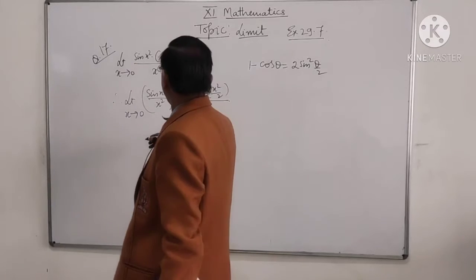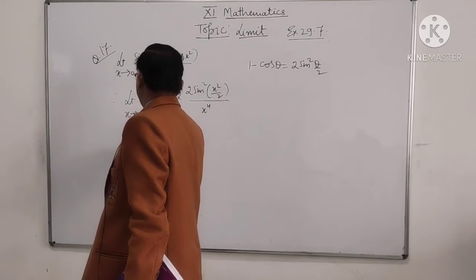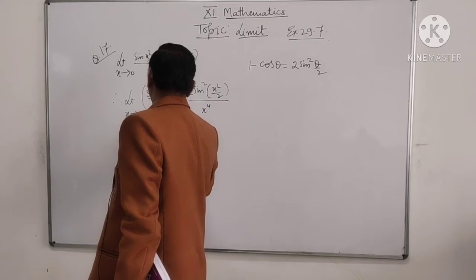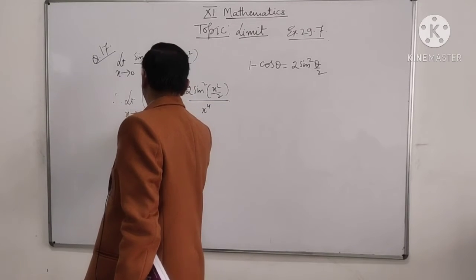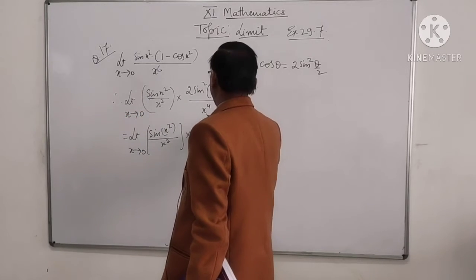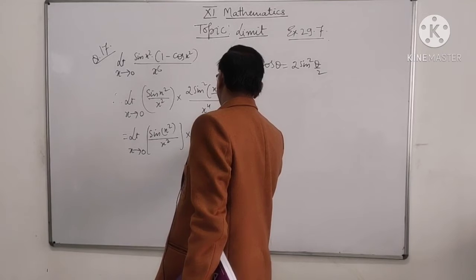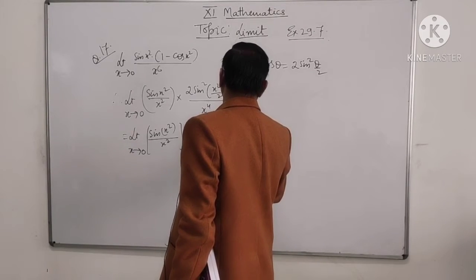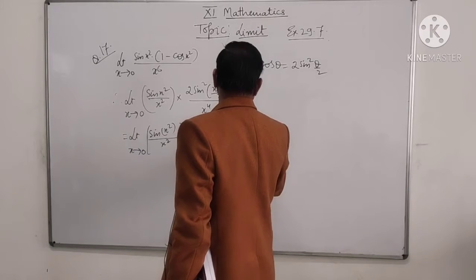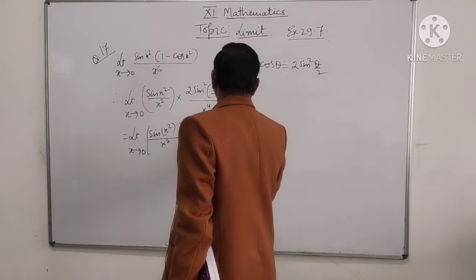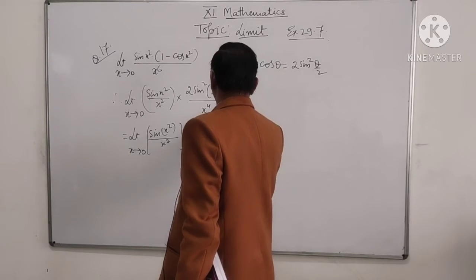Now break into two limits. Limit x tends to 0 sin x square upon x square into 2 constant out, limit x tends to 0 sin x square upon 2 divided by x square whole square.